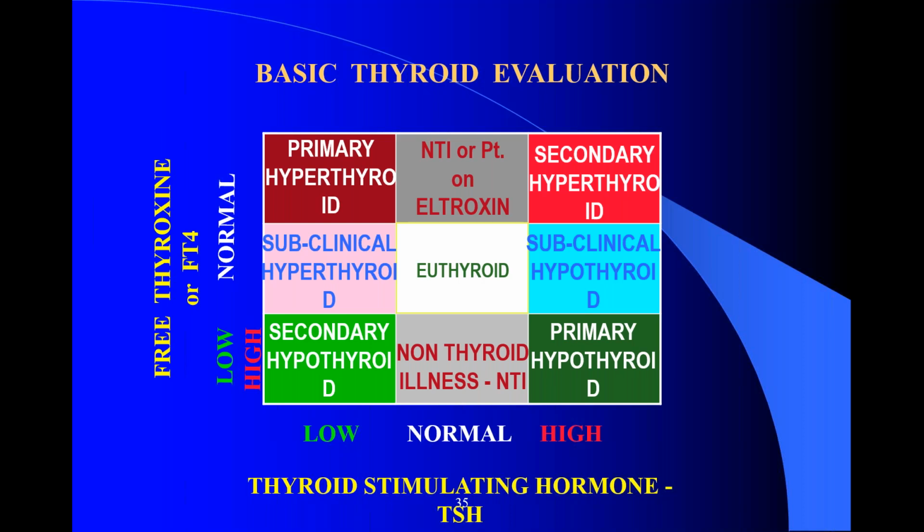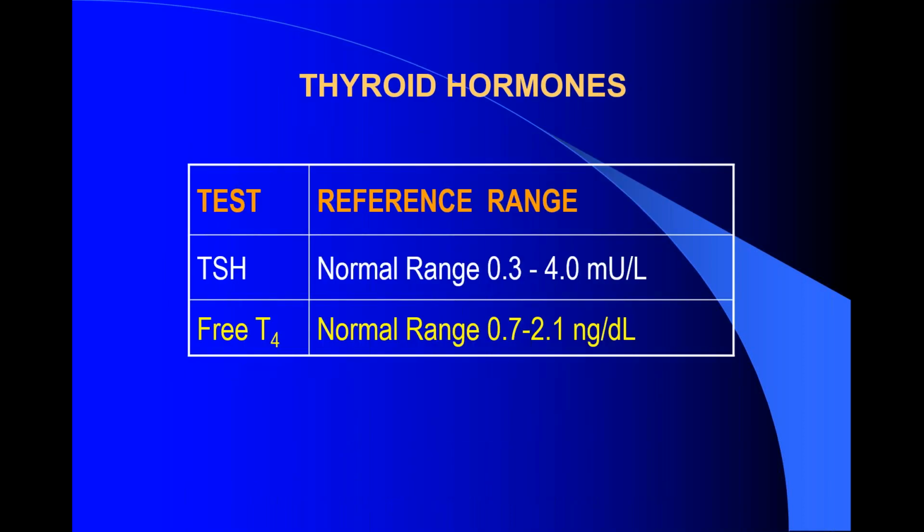It will not produce T3, T4, so TSH will also be low or maybe normal, and thyroid hormone will also be low. That will give rise to secondary hypothyroidism. So primary means primary disease of the thyroid. Secondary means disease above the level of the thyroid in the chain, at the level of the pituitary or hypothalamus.